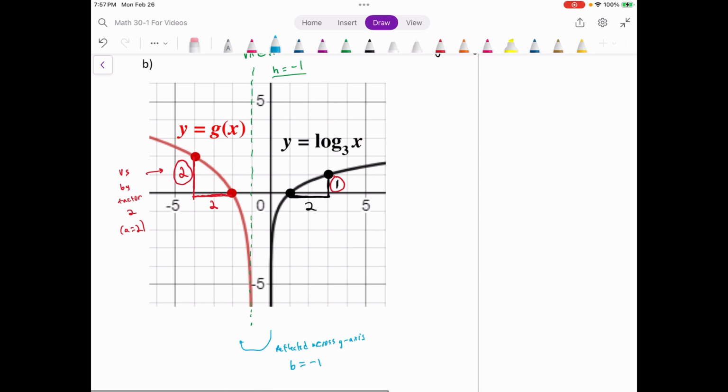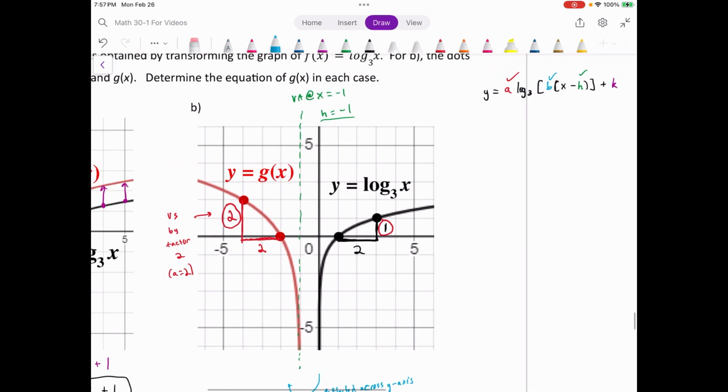Okay, and what about k? Is there a k? Well, I don't think so, right? Because look, vertically stretching this point, for example, by multiplying it by 2, would put it at a y value of 2. And then reflecting it and translating it ends it over here, but it hasn't been translated up or down, right? It has been shifted 1 to the left.